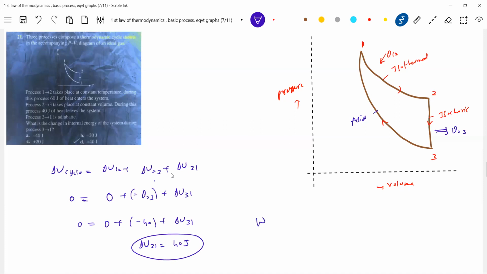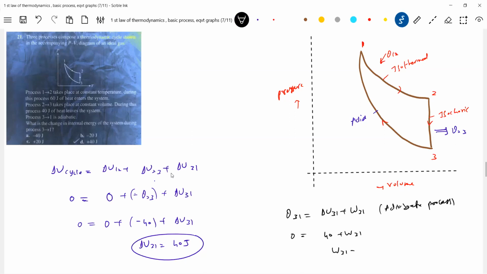So what is work done? Let's come to other things. Q31 should be equal to delta U31 plus W31. We'll agree on this. This is 0 as it is an adiabatic process. So delta U31 is how much? 40. Okay, agree on this.